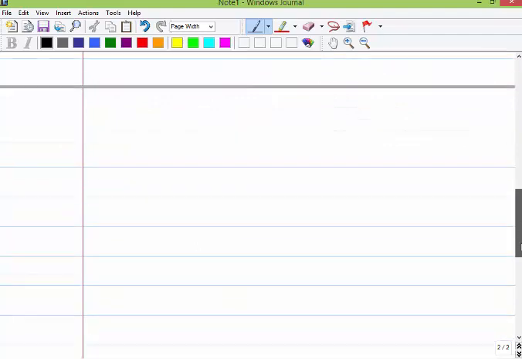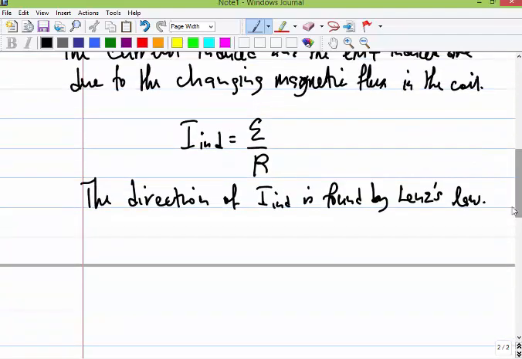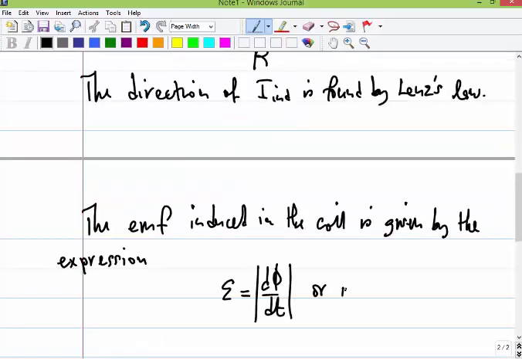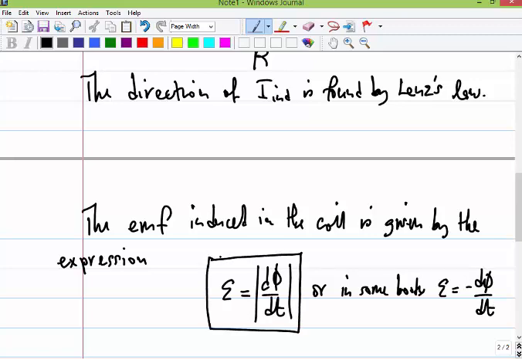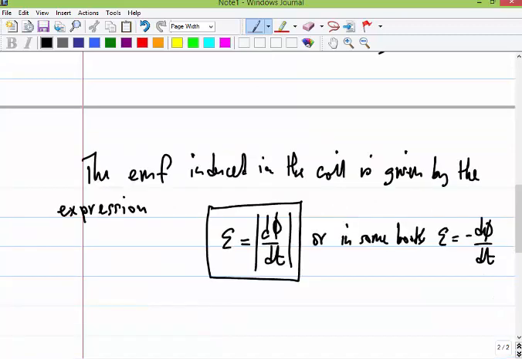The magnitude of the EMF was found by Faraday, and this is what is called Faraday's law. So the EMF induced in the coil was discovered by Faraday, or in some books you might see it this way: EMF is equal to minus the change in flux with respect to time. In our book, this is what we have, but you may see it in other books that way. So this is called Faraday's law.